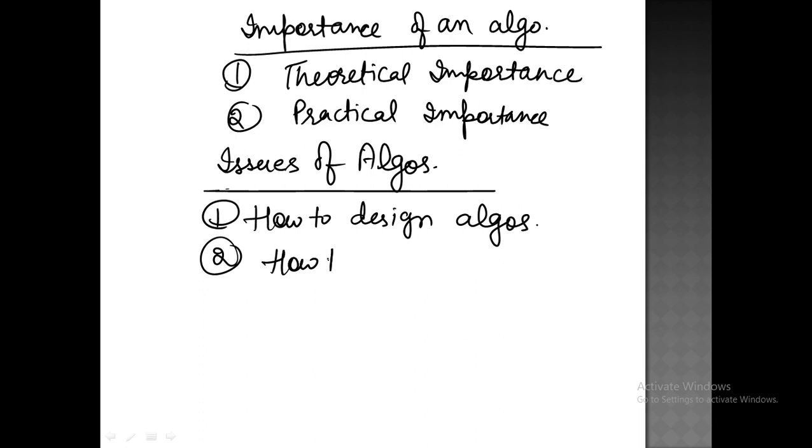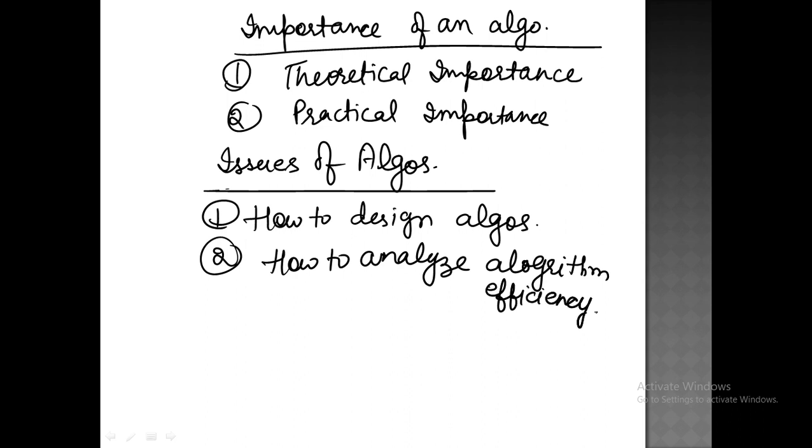Second, how to analyze that algorithm efficiently, or you can say how to analyze algorithm efficiency. What's the efficiency of an algorithm? How to analyze that efficiency of an algorithm? These are two main issues which we face when we are designing an algorithm.